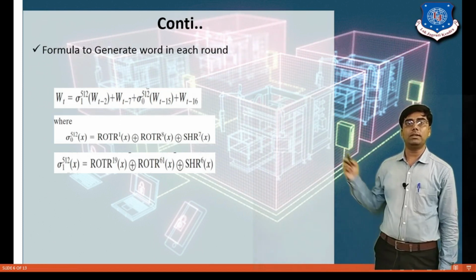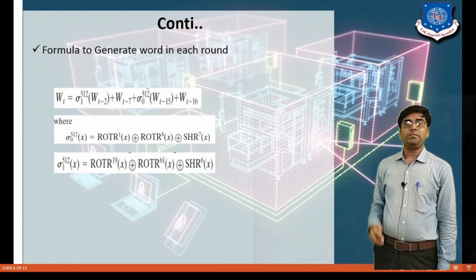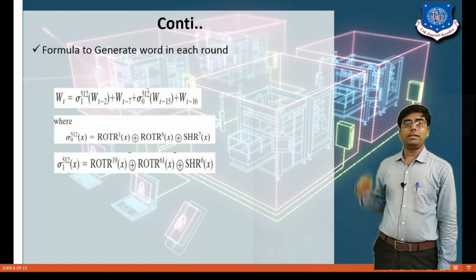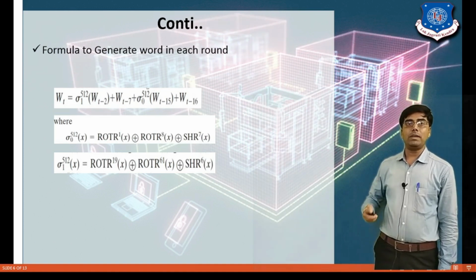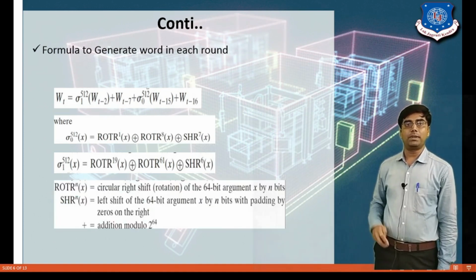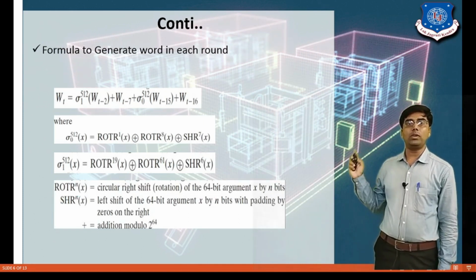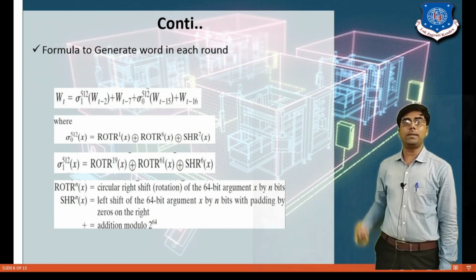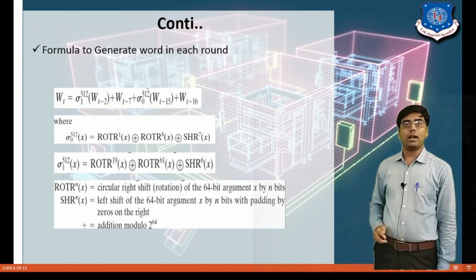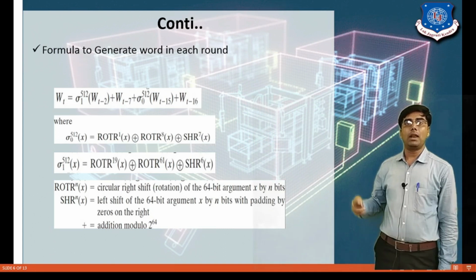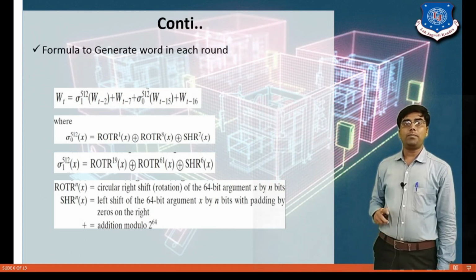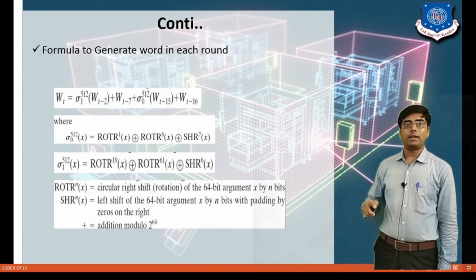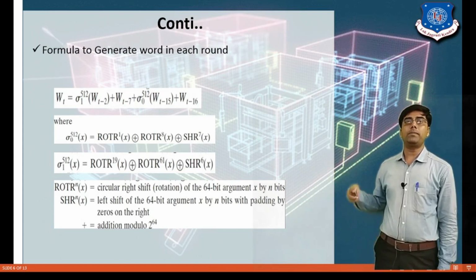In this equation, ROTR represents the circular right shift, and SHR represents the right shift. The power on ROTR, ROTR power 1, means a 1-bit shift, and ROTR 8 means an 8-bit shift.